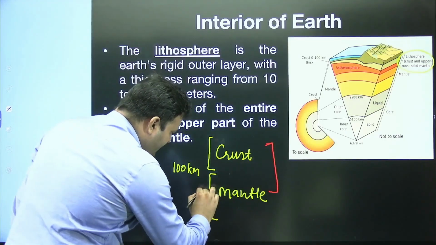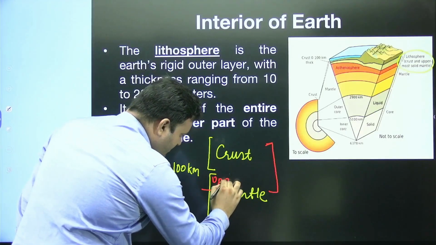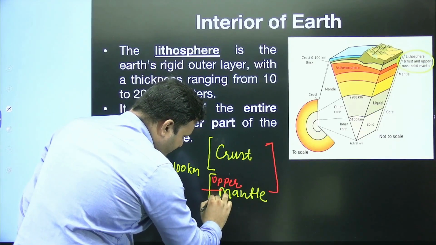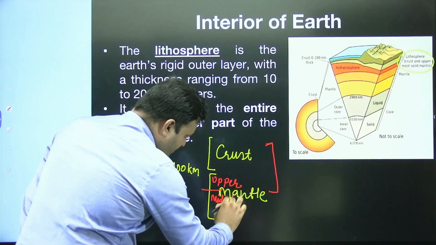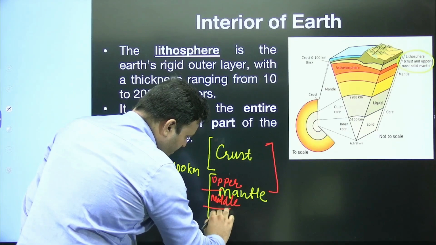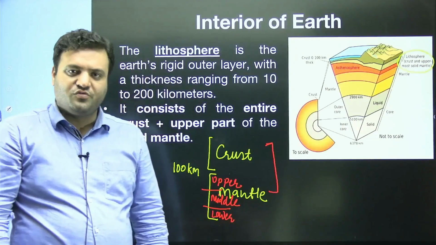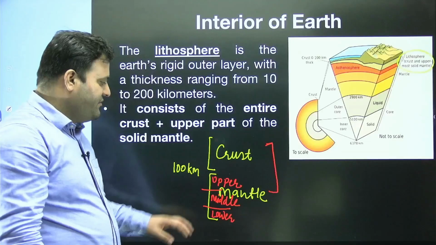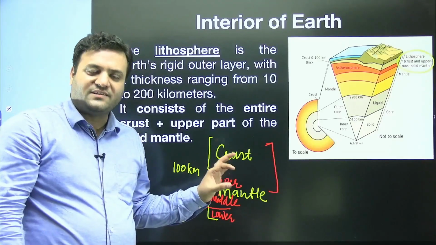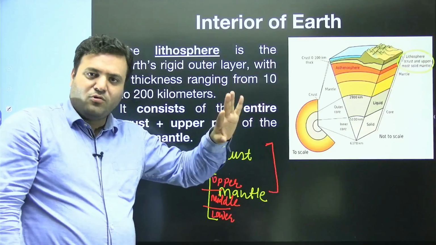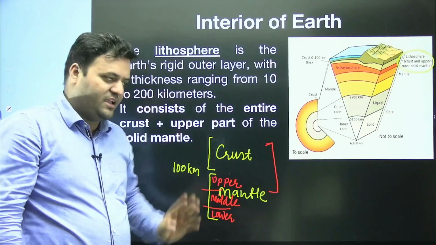Here we can say upper mantle, here middle mantle, and lower mantle. Geologists further categorize these layers, and even in the upper part we have one more classification: upper mantle, upper lower mantle, likewise.